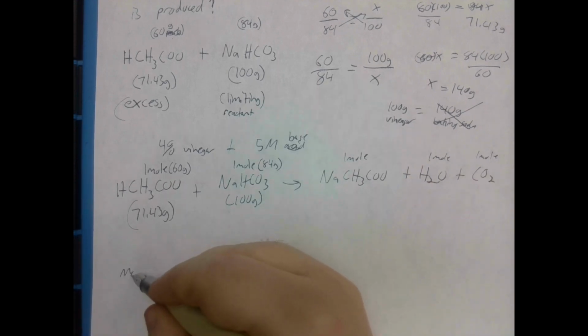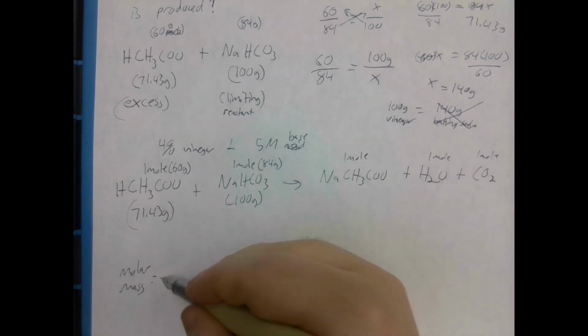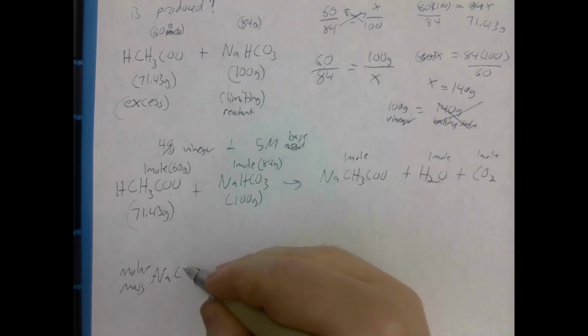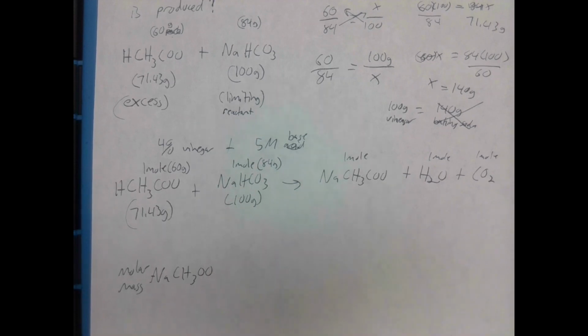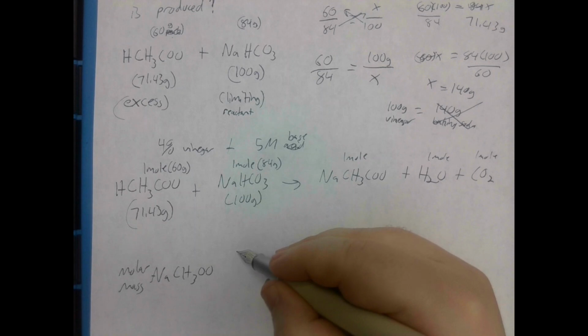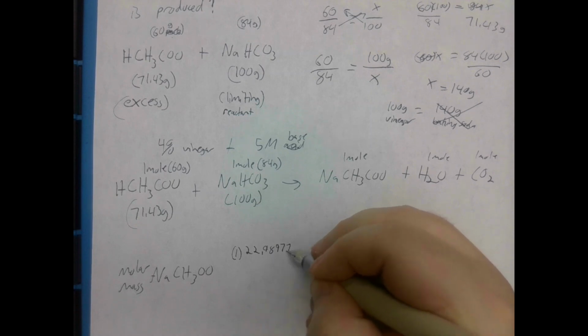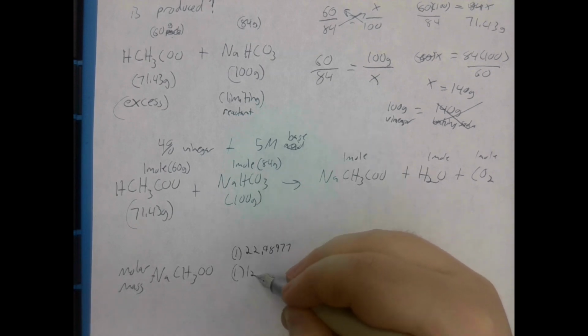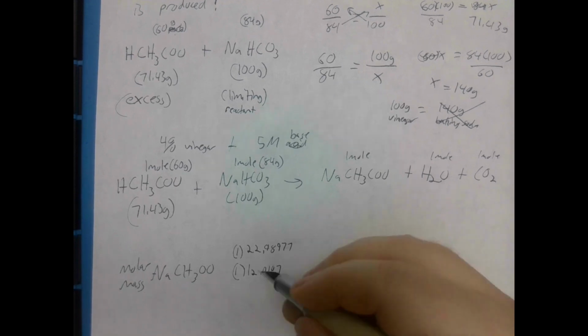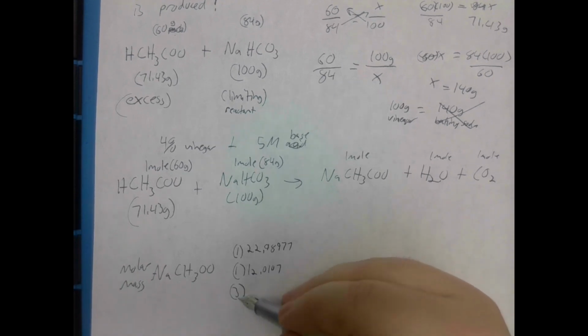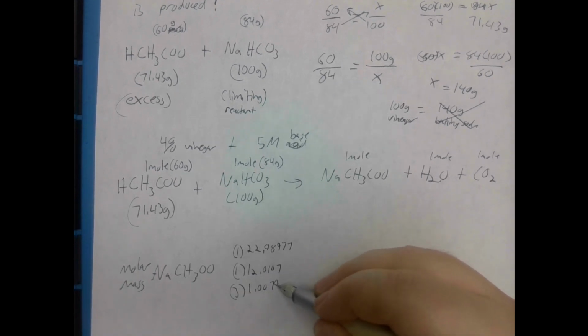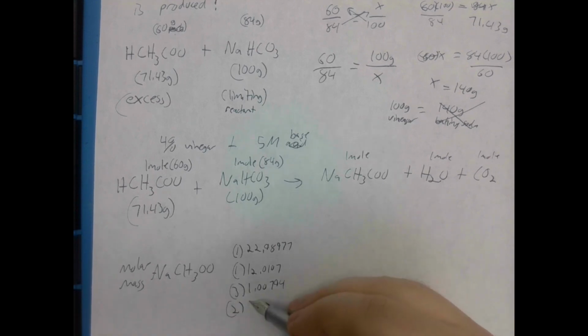So the molar mass of NaCH3OO would be, so 1 sodium. Sodium is 22.98977. 1 carbon, 12.0107. 3 hydrogen. And 2 oxygen.